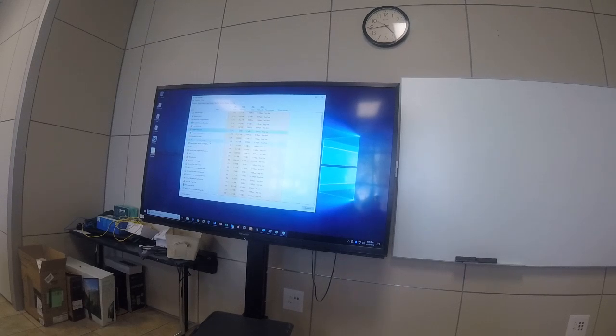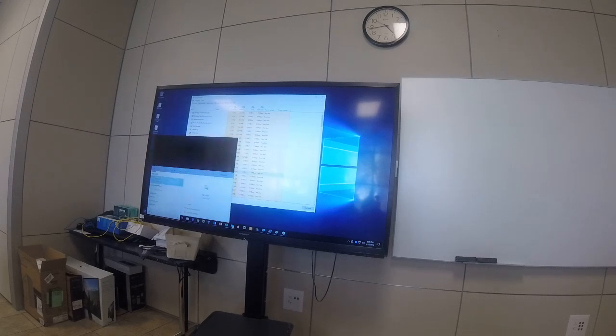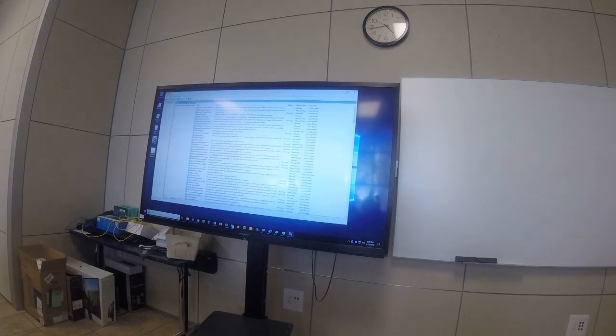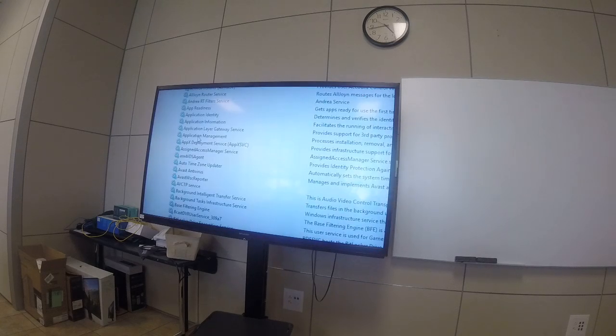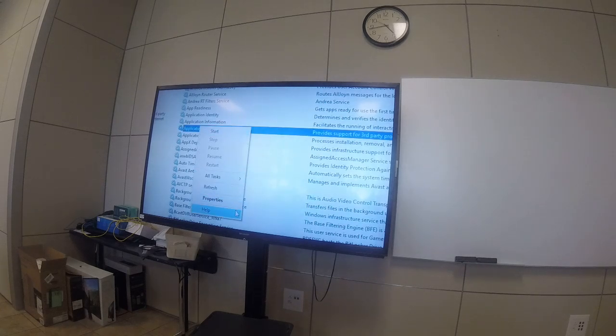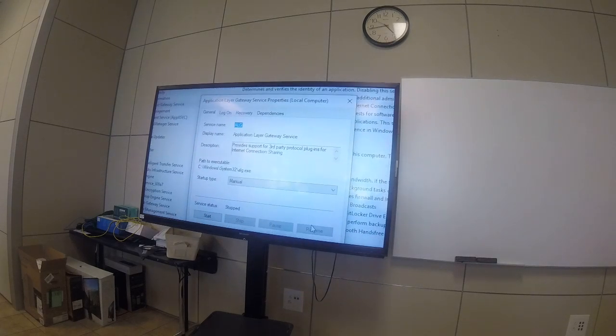Generally, with services, go back to services.msc like we looked at before. Generally, services are not able to interact with the desktop. Let's look at a service here, like Application Layer Gateway Service, and look at properties on that.